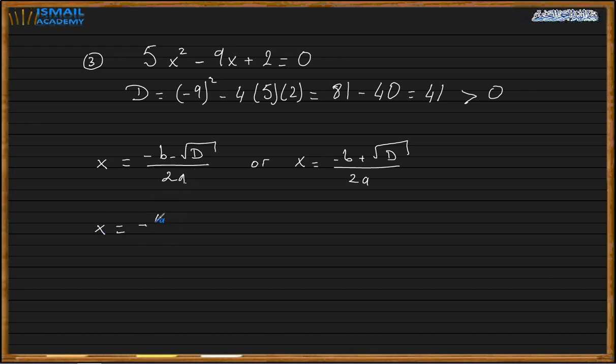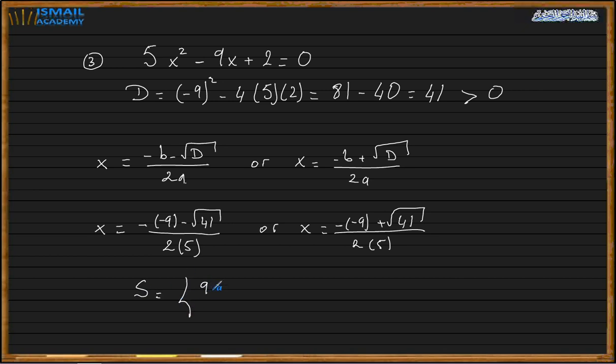Minus minus 9 minus square root of 41 over twice 5, or the same thing here, minus minus 9 plus square root of 41 over twice 5. So my final solutions will be 9 minus square root of 41 over 10, or 9 plus square root of 41 over 10. Those are my solutions for that equation.